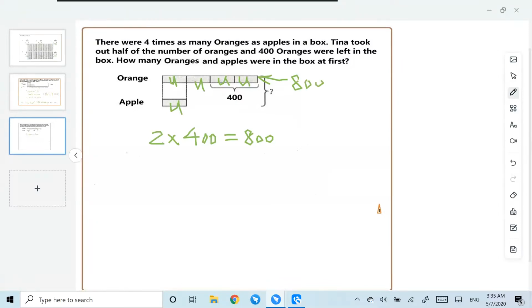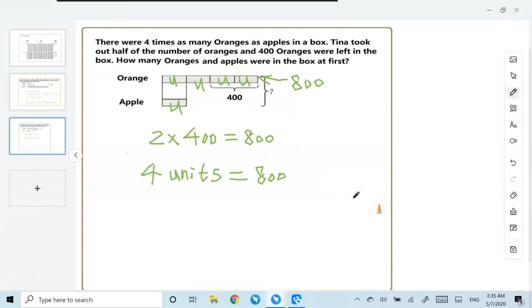So from now on, we know 4 units equals 800. So now 5 units.